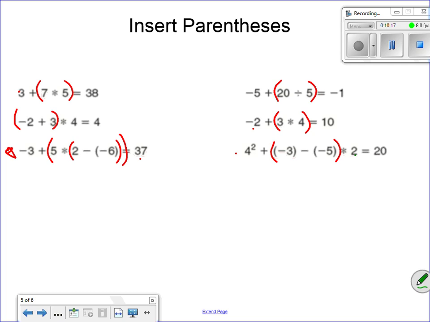So I've got to get some more parentheses in here. I'm going to put these in parentheses as well. That's how you do this problem. Because if I have a 16 out here, whatever gets done in these parentheses would give me a 2. Then I'd multiply by a 2. So then I have 16 plus 4, which equals 20.